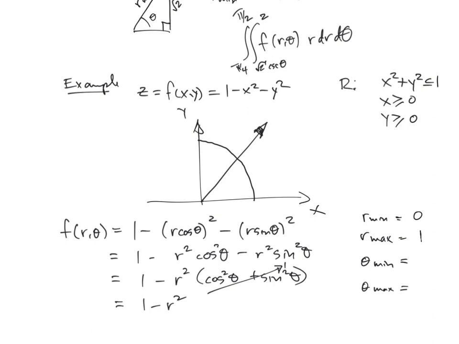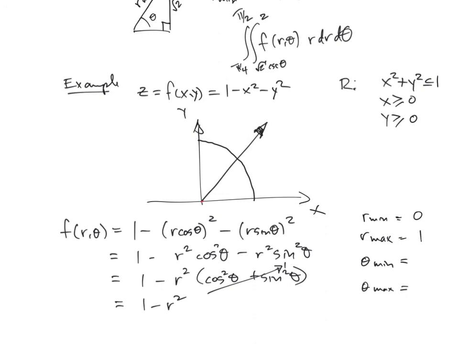We're going to integrate with respect to r first, so it's the inner integral. The limits either have to be numbers, which they are, or functions of the other variable, which is theta. But numbers are legit for the inner integral as well. Okay, theta min and theta max. I'm going to sweep this arrow through the region of integration from the smallest value of theta to the largest value of theta.